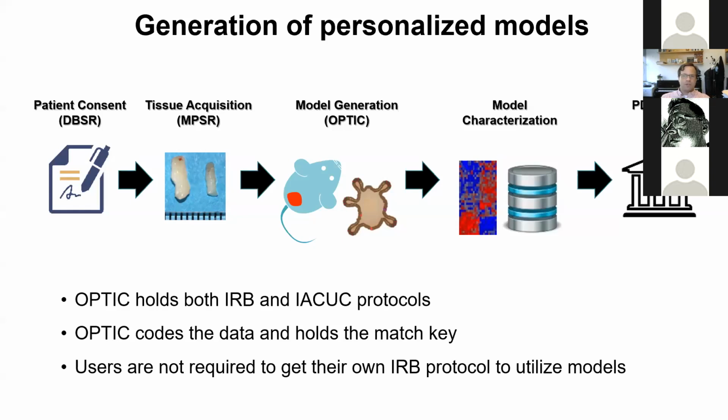But then we strip the identifying information off of all of the annotation and samples associated with that model, and can then provide those to users. So we're basically running interference so that you don't have to get an IRB in order to have a model to work with.